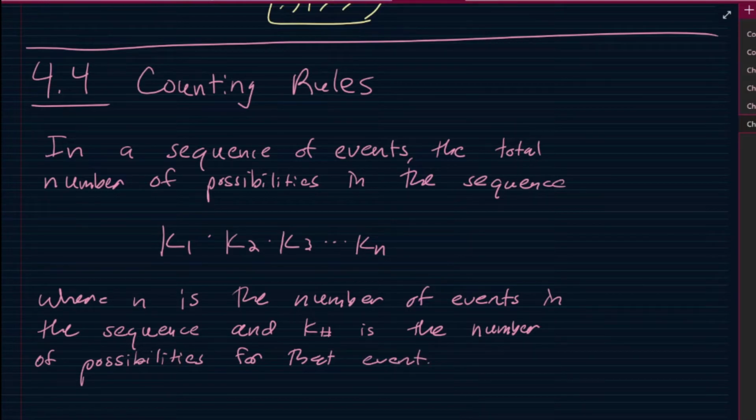So it's just the number of ways to fulfill the first event times the number of ways to fulfill the second event, on and on and on until you fulfill all the events.